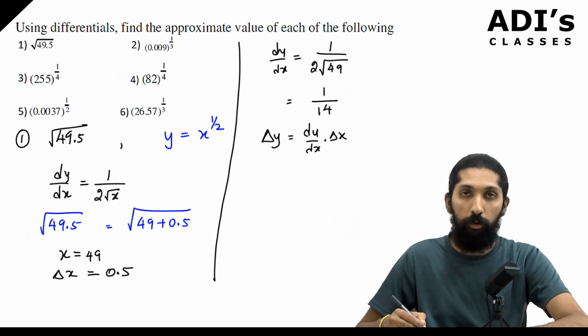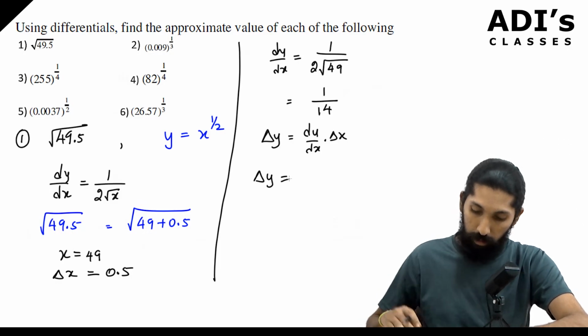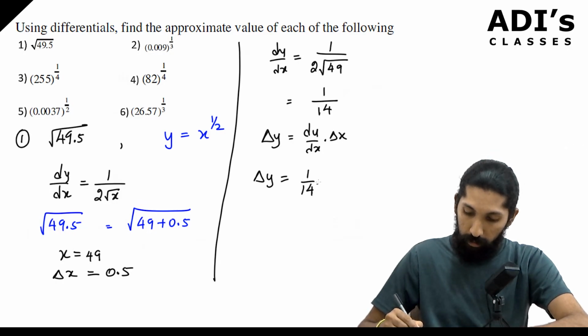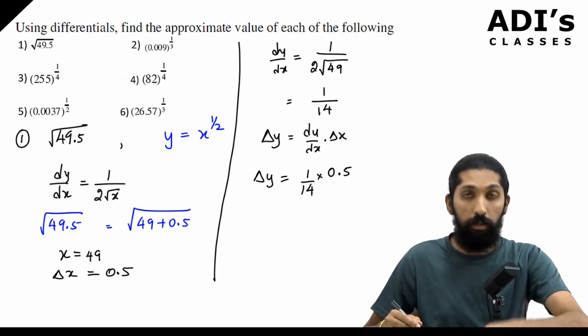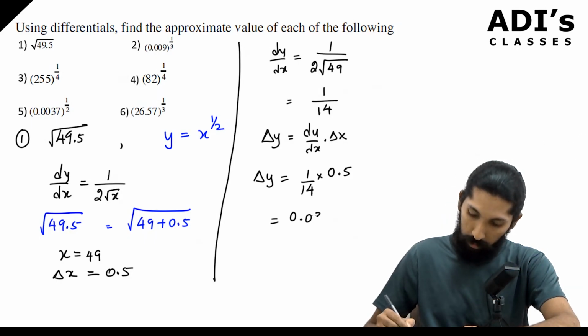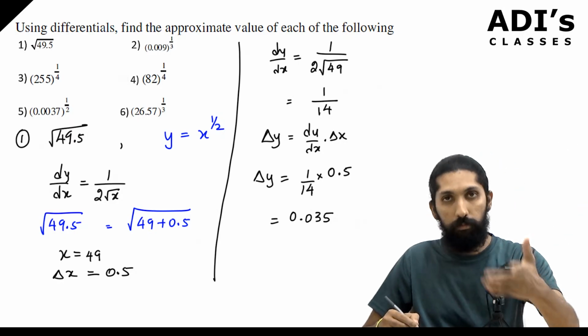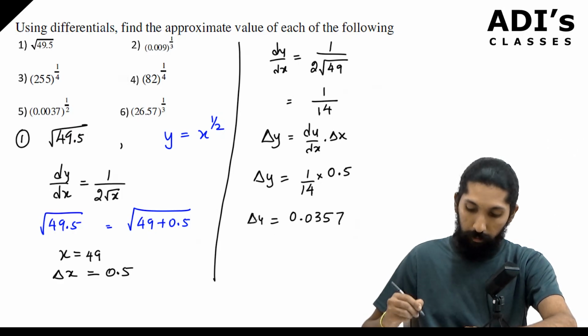This is the formula. So delta y is equal to 1 by 14 into delta x, which is 0.5. Once you do this math, you're going to get 0.035, 0.0357, it goes on, so you can add a 7 also if you want. This is delta y.